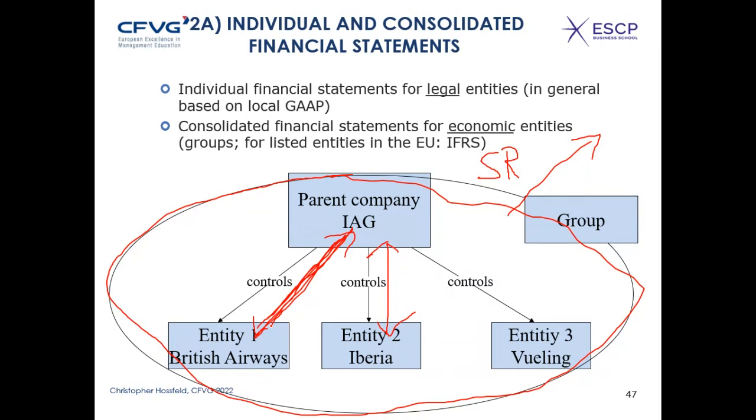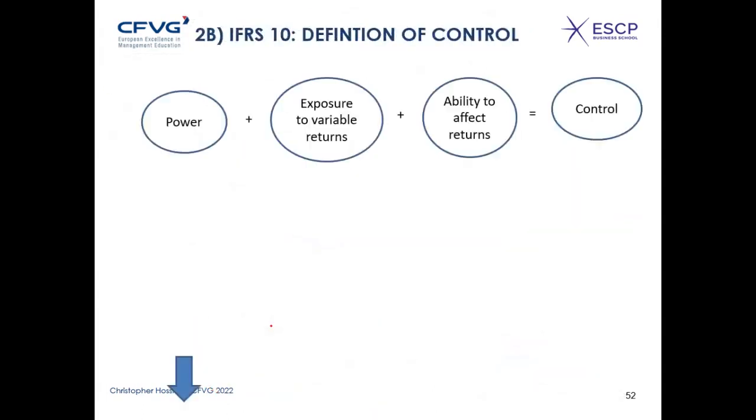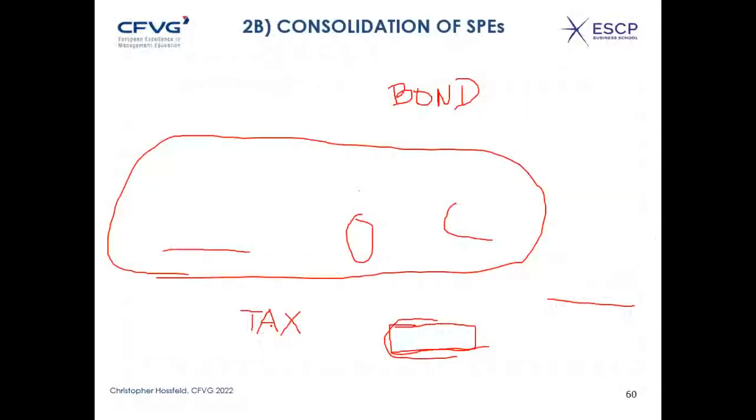Consolidated accounts receivable means, well, outside clients owe me money. Consolidated accounts payable means I have debt to outside suppliers. Okay, so in the end, in my consolidated financial statements, I want to see only transactions that relate to the outside world.